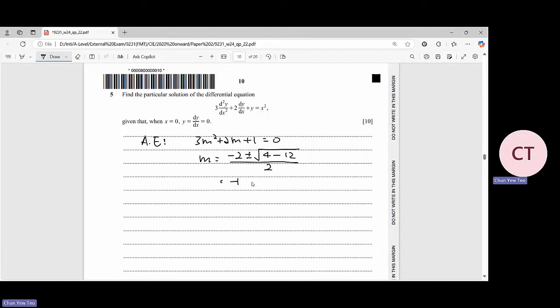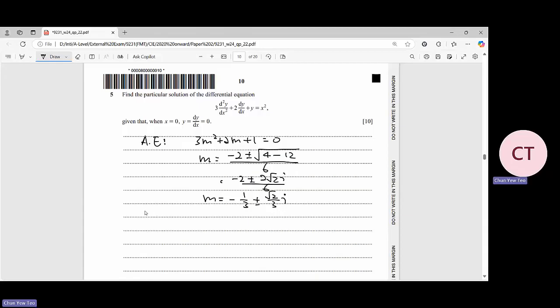So it will be negative 1... 2a, a is 3, so it will be 6. So it will be negative 2 plus minus root 2 i divided by 6. So your m will be negative 1 over 3 plus minus root 2 over 3 i.